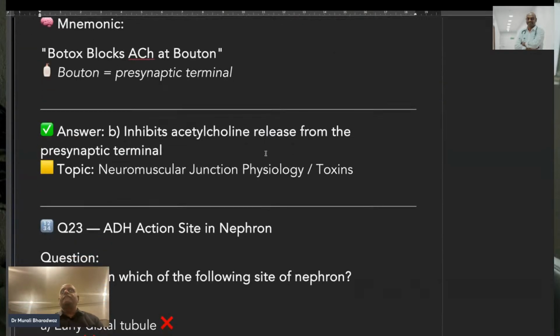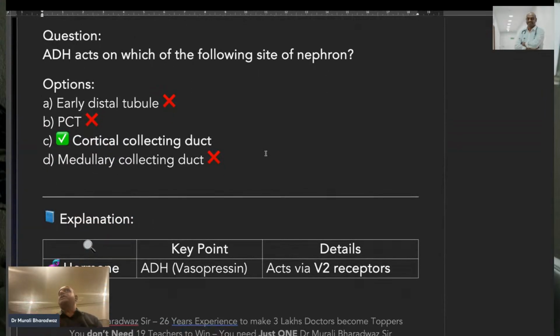Then doctor, ADH acts on which part of the nephron? Cortical collecting duct. Make a note. Different segments of the nephron, for PG FMGE buzzwords, it will give everything. Where is the sodium potassium 2 chloride channel? Thick ascending limb of loop of Henle.